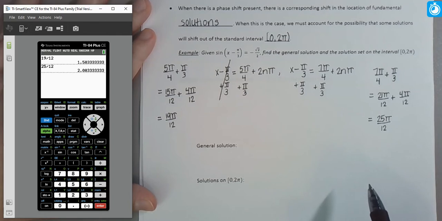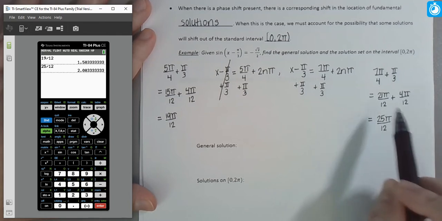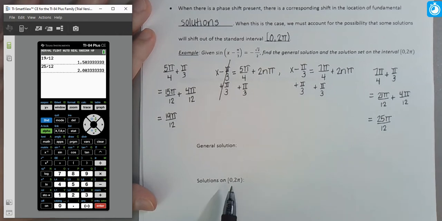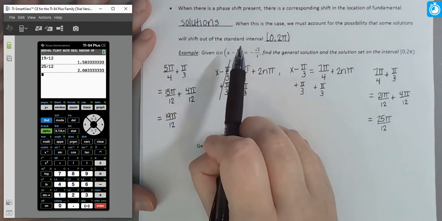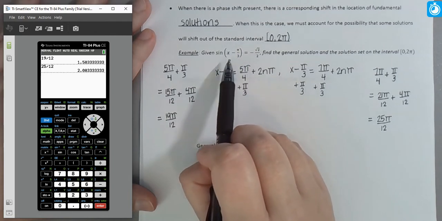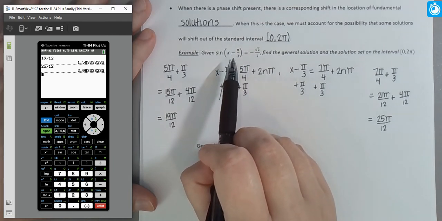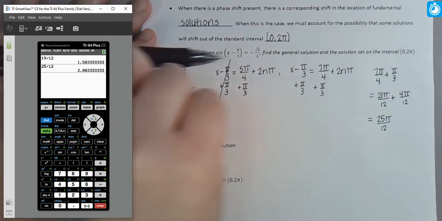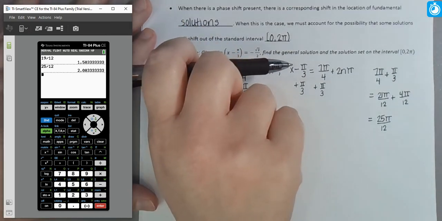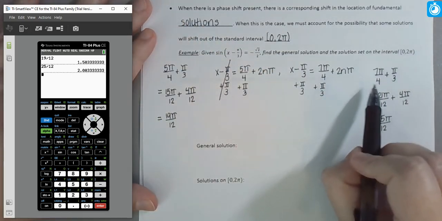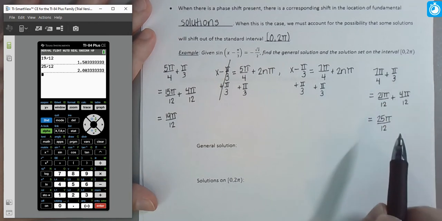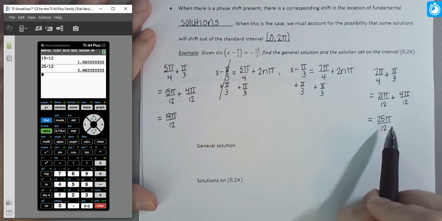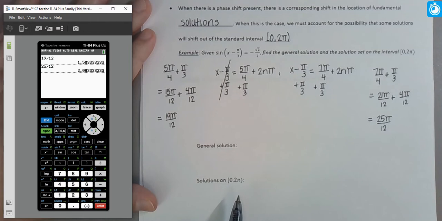It's outside of that interval, so this will not be one of the solutions from 0 to 2 pi. It's too far out. And the reason it's too far out is because of what this represents. By subtracting inside of the trig function, that would take the original graph and shift it to the right. So this original solution got shifted to the right so far that it left that interval from 0 to 2 pi.